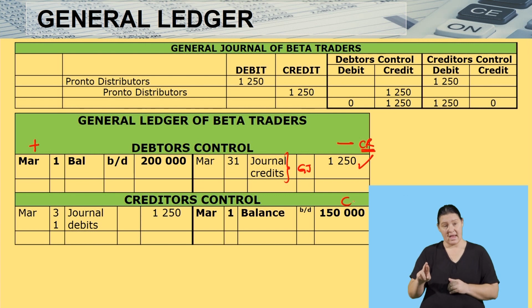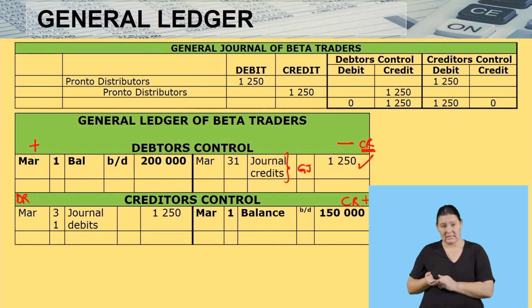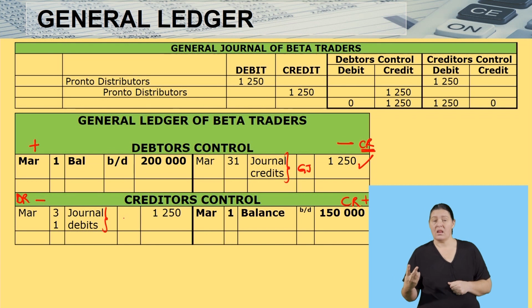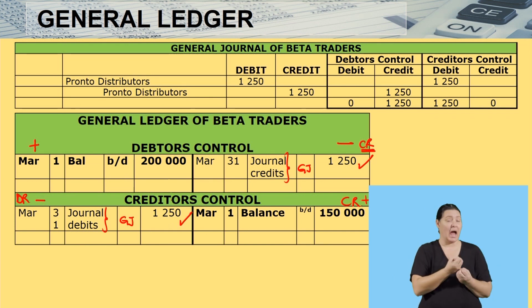It increases on the credit side, but it decreases on the debit side. So we have a balance of 150,000. This includes several other creditors. And then the amount that we have transferred, general debits in this case, which is from the GJ, 1,250.